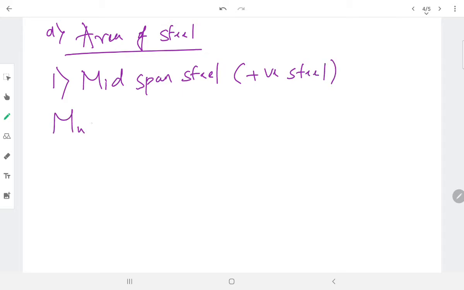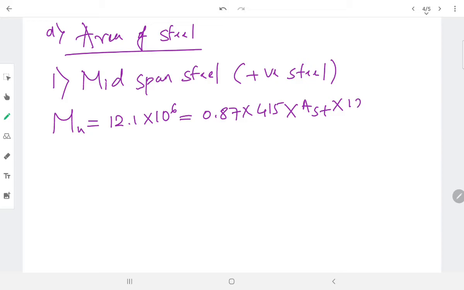So for mid-span, we have Mu as 12.1 into 10 raised to 6 equals 0.87 into Fy, which is 415, into AST, into effective depth D, that is 125, into bracket 1 minus AST Fy 415 divided by B D FCK.